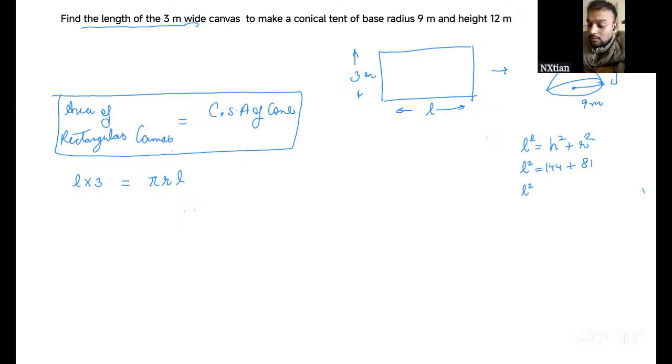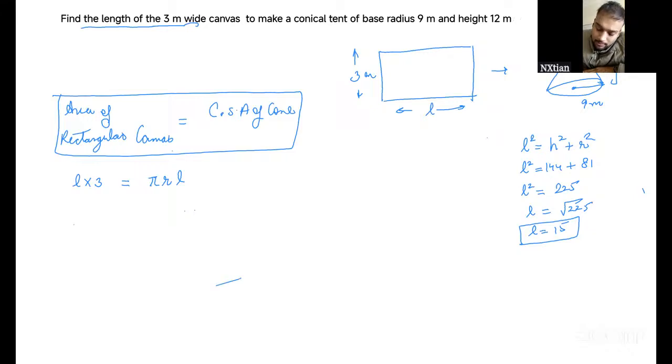So l square becomes 225, so l is root of 225, which is 15. Did you understand, Abigail?